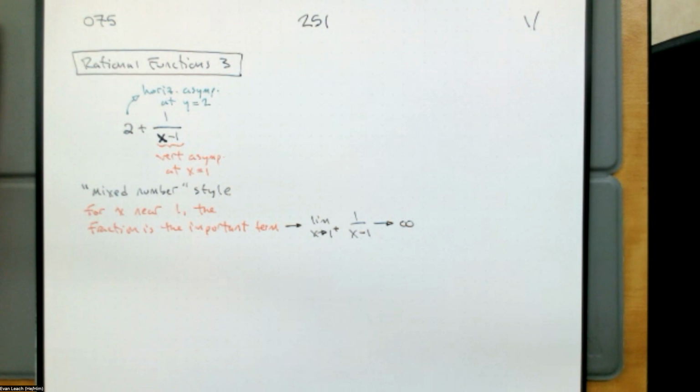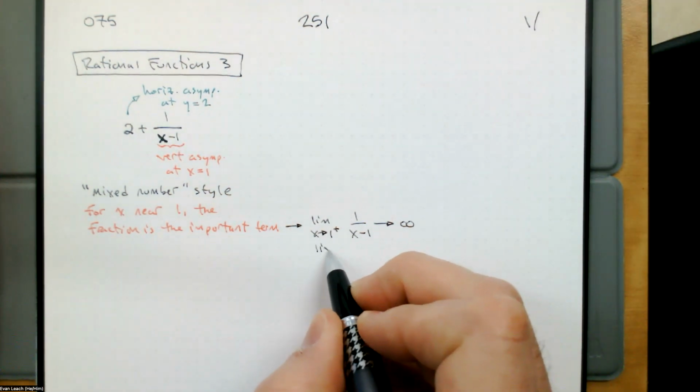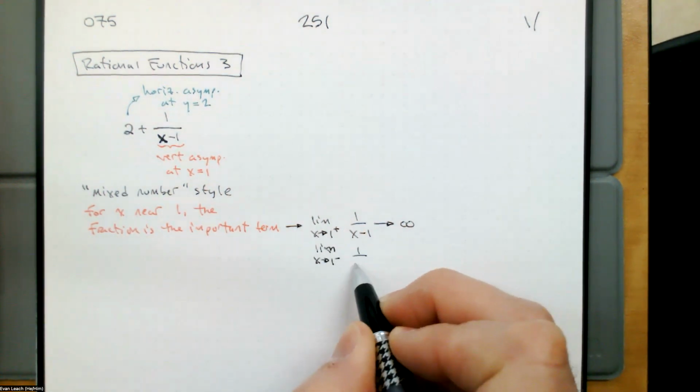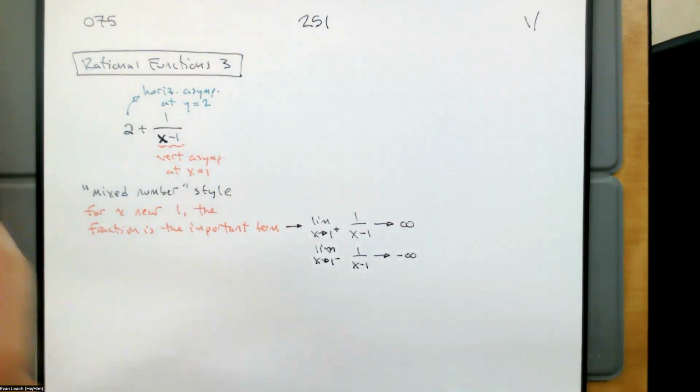The limit doesn't exist, but we can say that it's going towards infinity as we approach 1 from the positive side. And the limit as x approaches 1 from the negative side of 1 over x minus 1 goes to negative infinity. The closer we are to 1, the bigger that fraction is. It overpowers the 2.